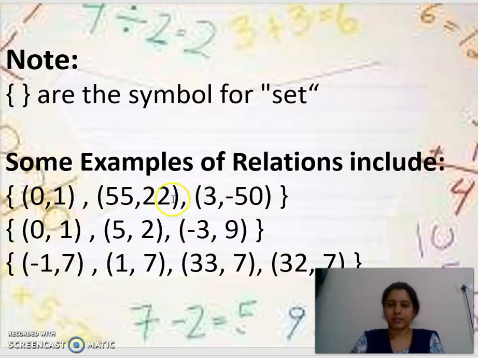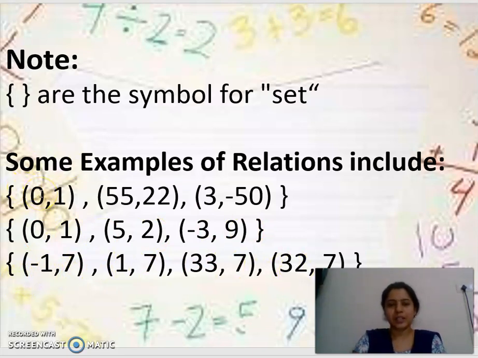These are some examples of relations. Here we have three relations. The first relation contains three pairs, the second relation contains three pairs, and the third relation contains four pairs.